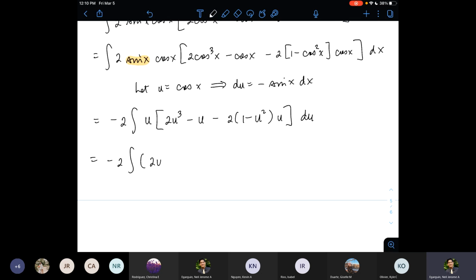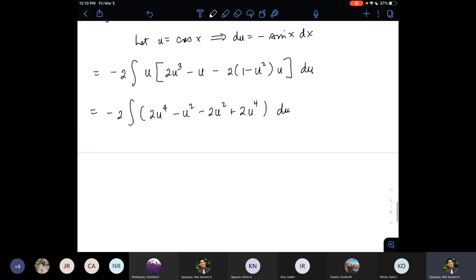So we'll have 2u to the fourth minus u squared minus 2u squared plus 2u to the fourth. Is that correct? So I hope you guys are checking my arithmetic here.